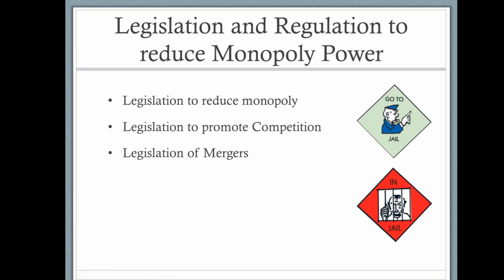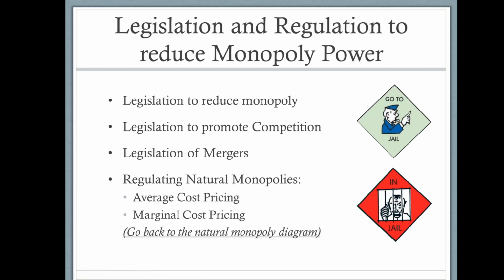And at the end, we talked about this already, so I'm not going to discuss this further. When we talk about how to regulate natural monopolies, usually we'll just force them to sell their products at one of two pricings. Either they should be selling at the marginal cost pricing, but if we force them to sell at marginal cost pricing, they may actually leave the market.